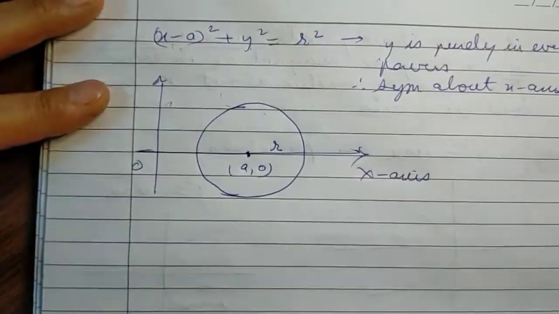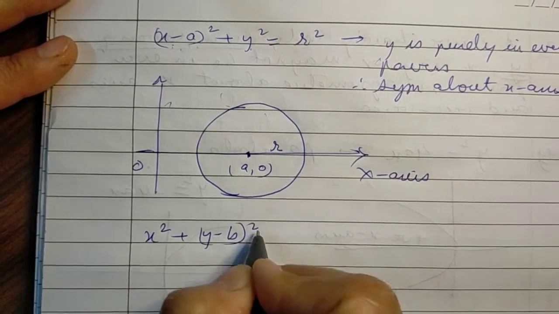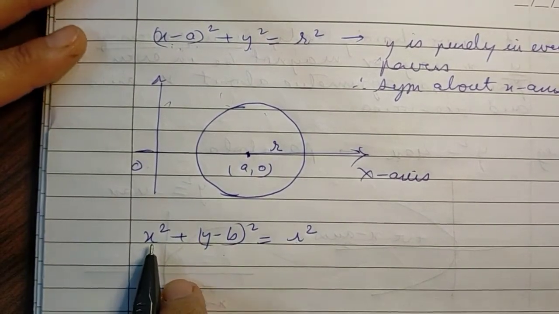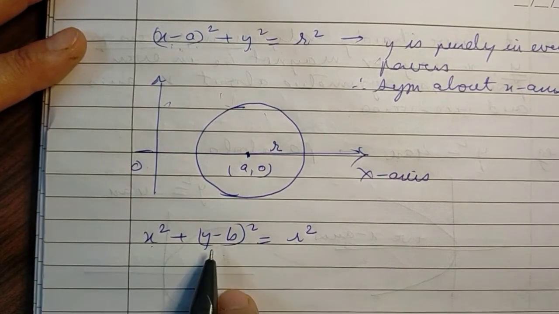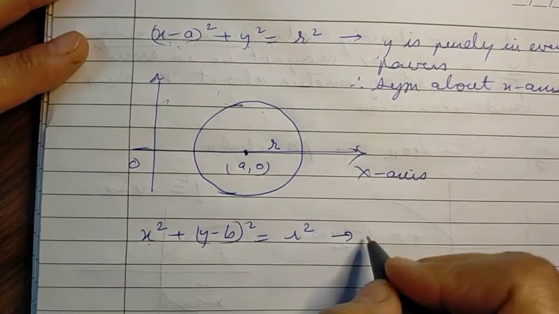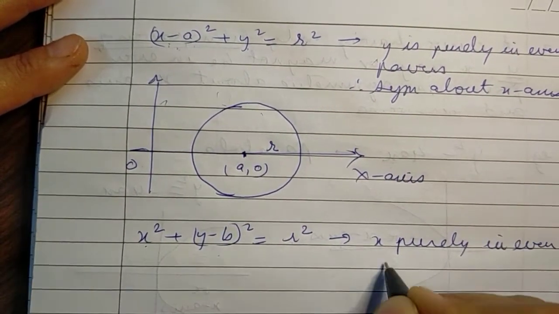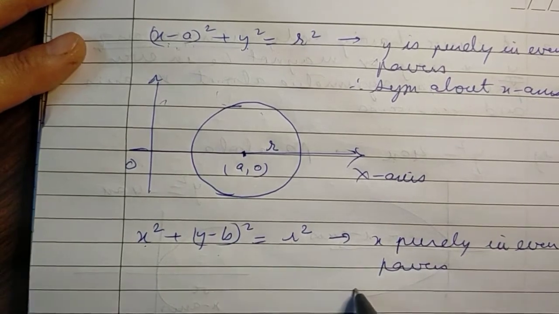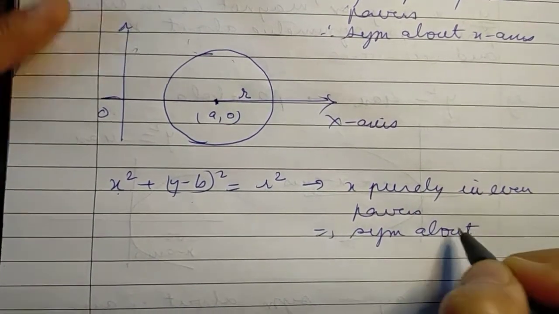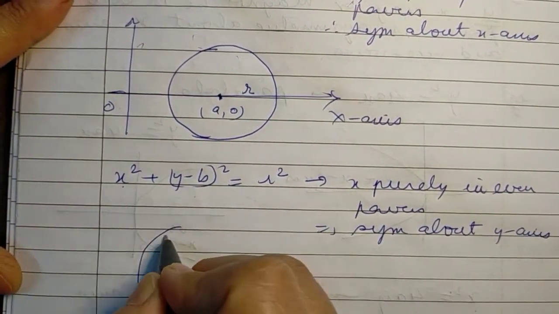Similarly, we have the circle x squared plus y minus b whole squared equal to r squared. When you open it, you will have x purely in even powers, whereas y is in both even and odd powers. So x purely in even powers implies symmetry about the y-axis.